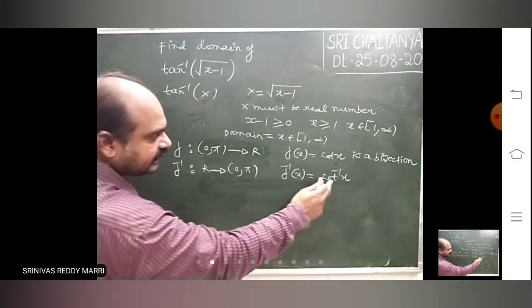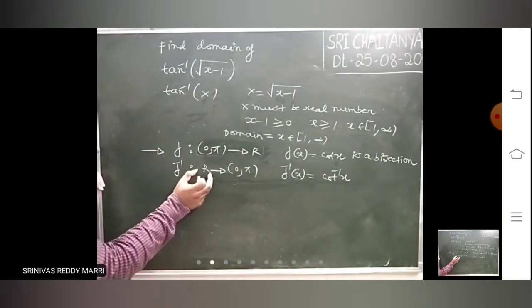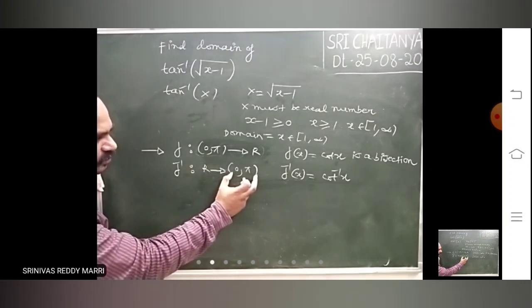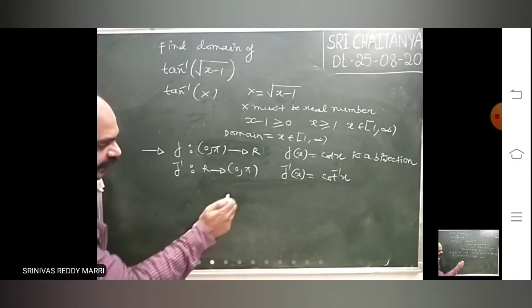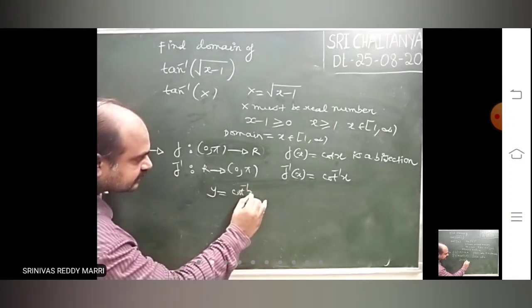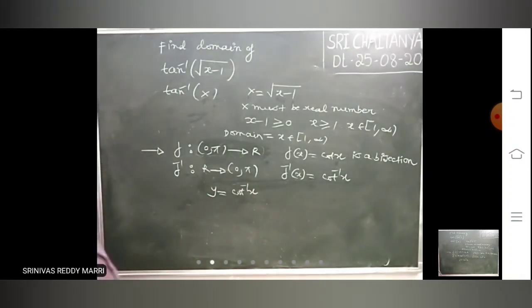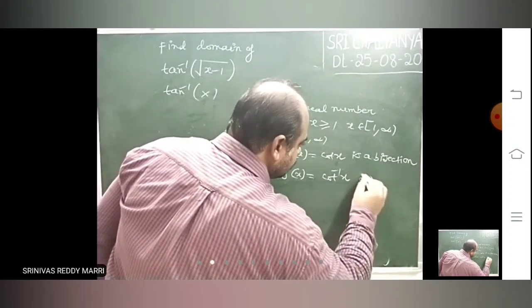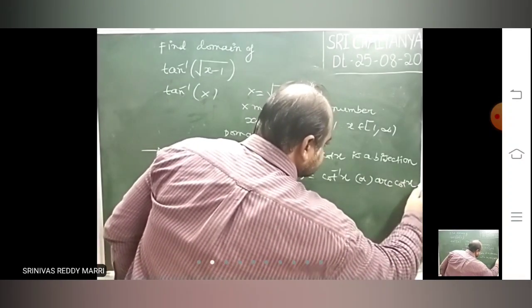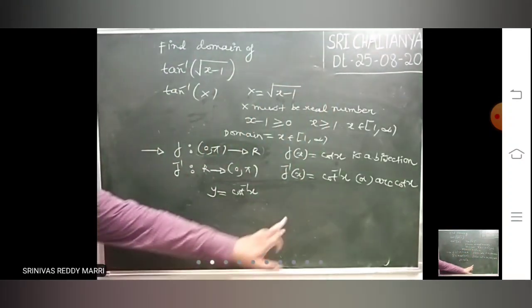This is nothing but cot inverse x. That means the domain is all real numbers, and the range is the open interval 0 to pi. If you take the function like this, cot inverse x, this is also called arc cot x.